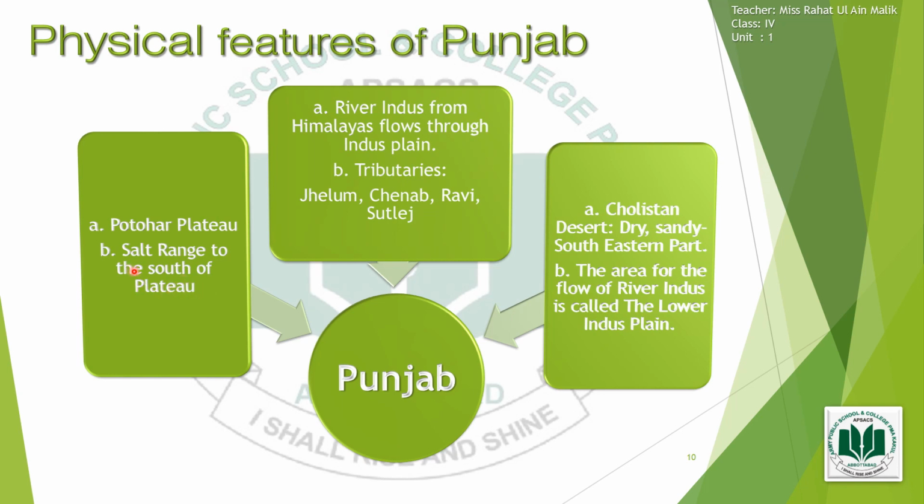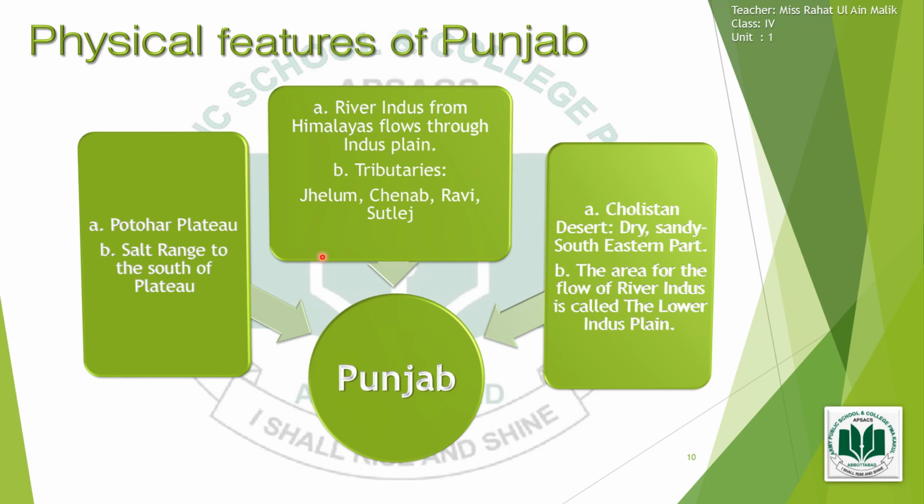Salt Range is one of the most beautiful sights to behold, and I will be showing the picture of that Salt Range, and it is really beautiful. Salt Range is that part of the land where the salt mountains, or the mountains of salt, are to be found, to the south of the plateau.